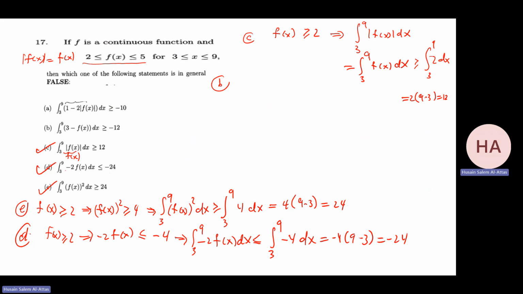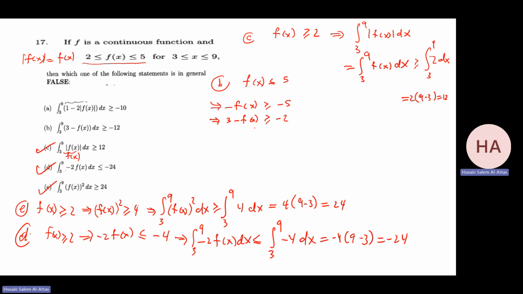3 to 9, 3 minus f of x. Okay, greater than, so I'll take the less than. So I know f of x is less than or equal to 5. That implies minus f of x would be greater than or equal to minus 5. That implies 3 minus f of x will be greater than what? Minus 2.